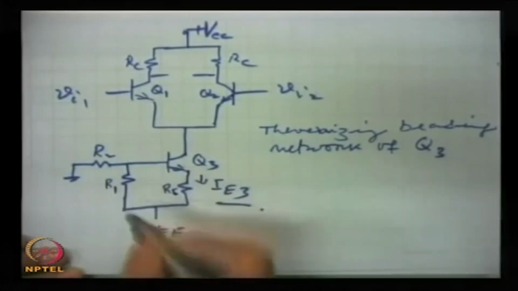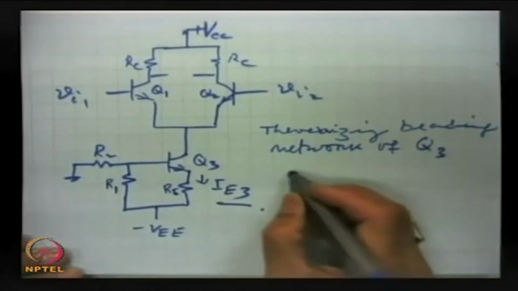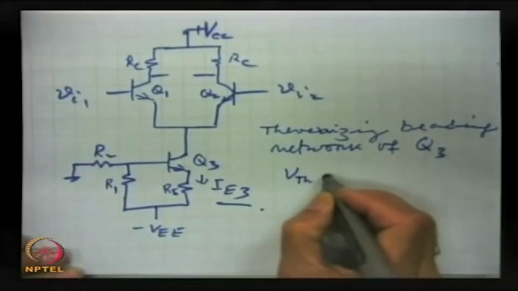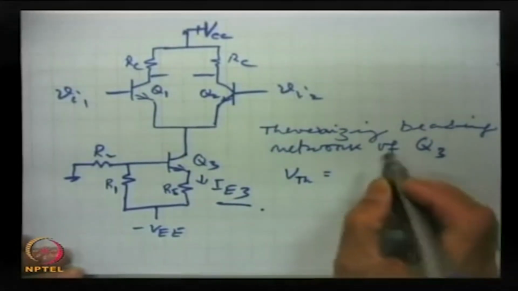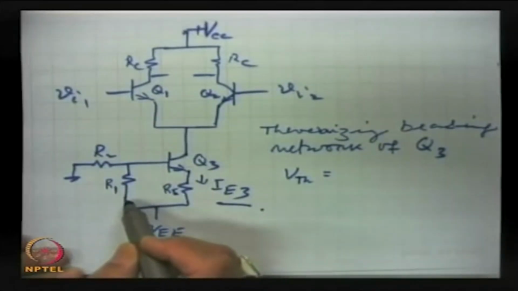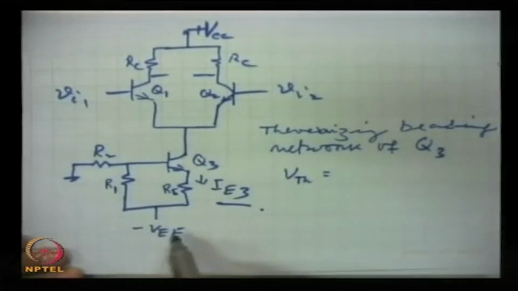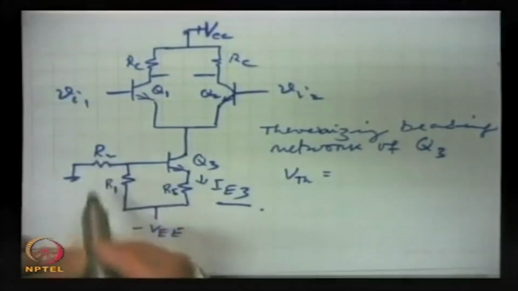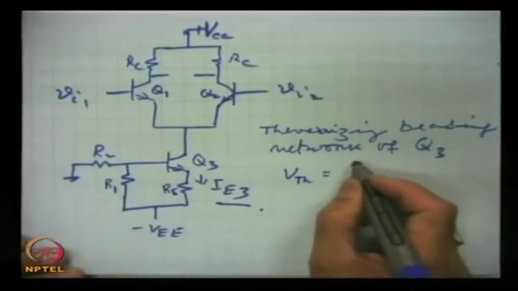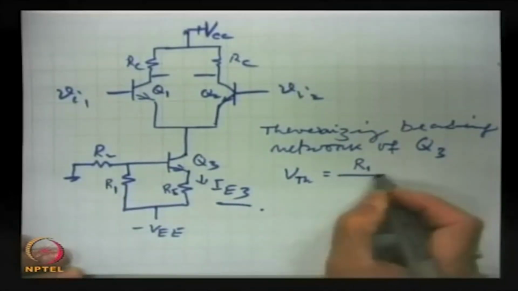You know the simple rules of Thevenin's theorem. The Thevenized voltage V T H is whatever is the voltage across this. So, the current will be V E E by R1 plus R2, and that current, when it passes through R1, gives a voltage, and that is Thevenin's voltage.